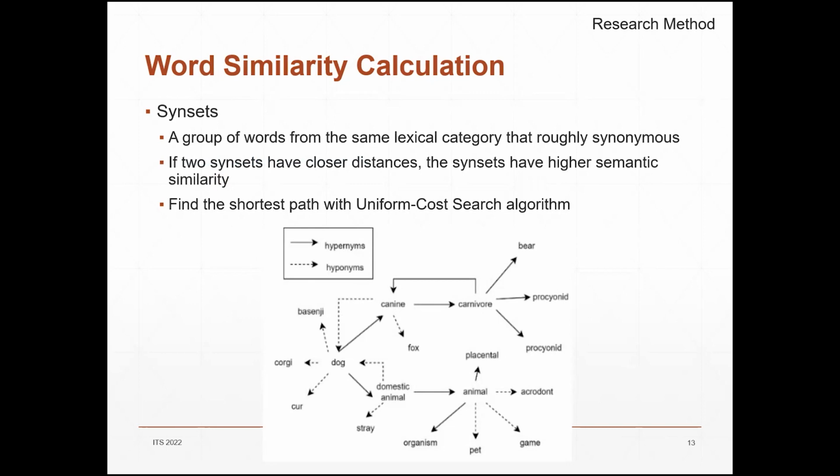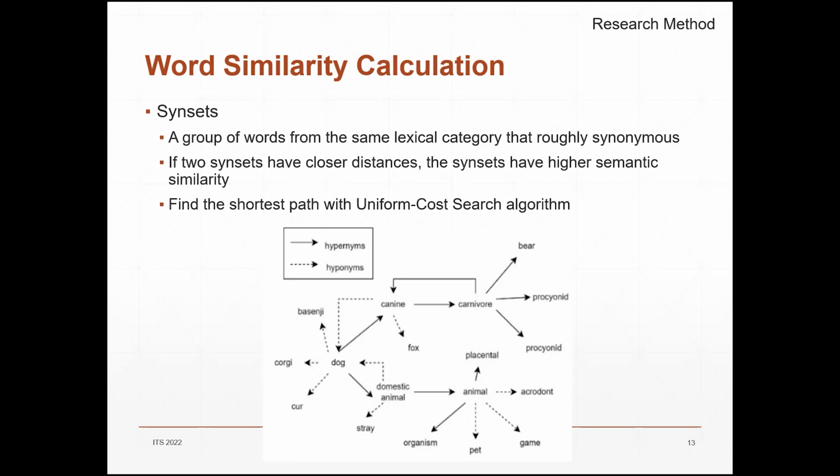So currently on this graph, I use two common relations, hypernym and hyponym. For example, the relationship between dog and canine is a hypernym relation, because a dog is a type of canine, and a corgi is a type of dog.